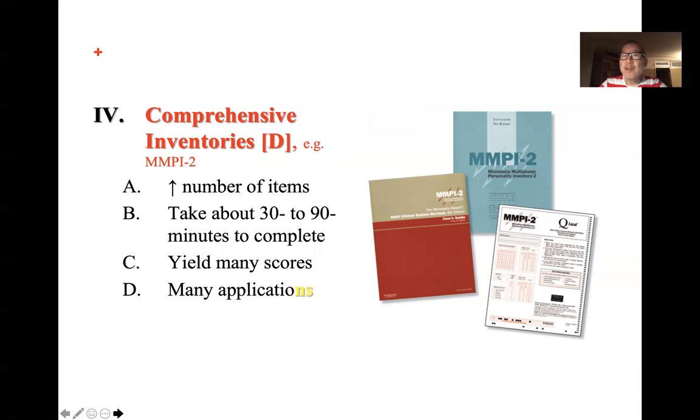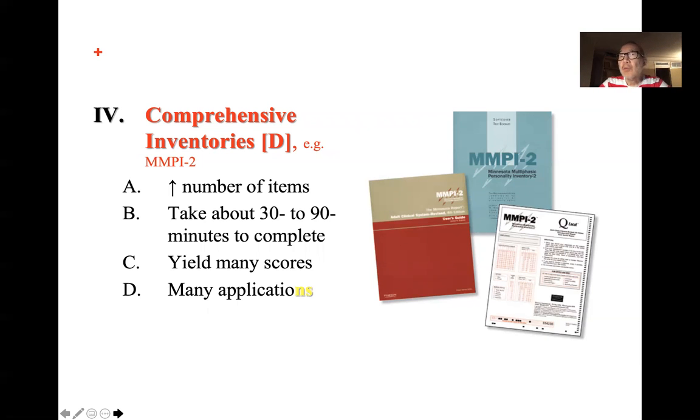These tests tend to have a high number of items. Offhand, I think the MMPI is about 567 items. They're called inventories because they sure feel like inventories when you're an examinee. They do a really thorough accounting of one's behaviors, attitudes, beliefs, likes, and dislikes, which are correlated with different personality traits.